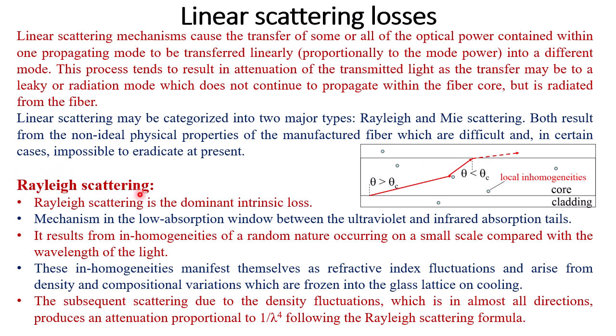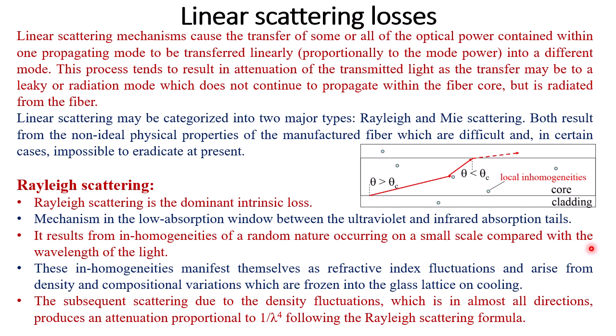Now consider the Rayleigh scattering. Rayleigh scattering is the dominant kind of intrinsic loss mechanism in the low absorption window between the ultraviolet and infrared absorption tails. It results from inhomogeneities of a random nature occurring on a small scale compared with the wavelength of the light.